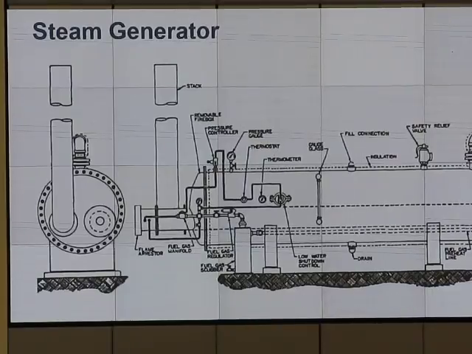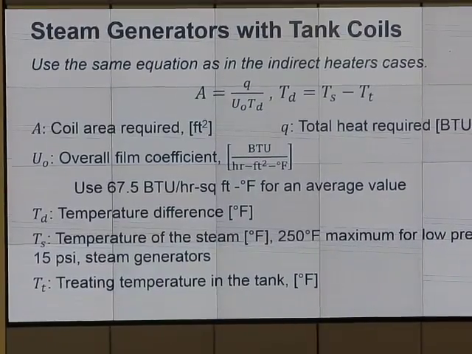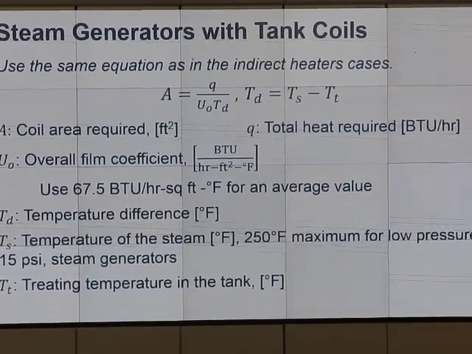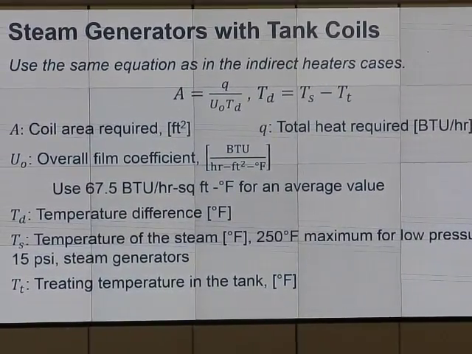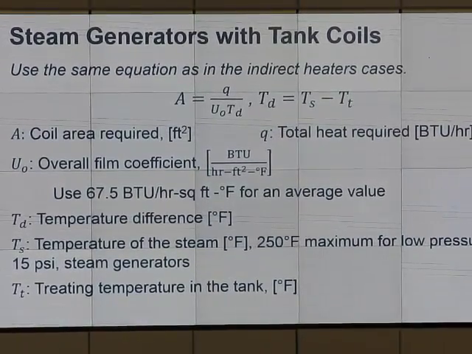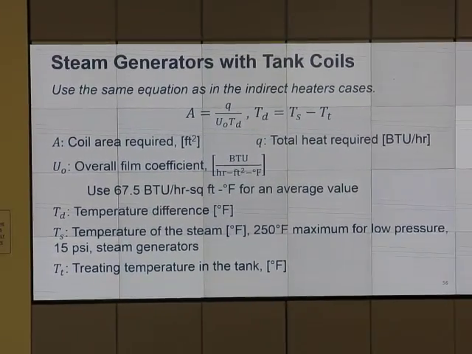Steam generator, this is how it looks like. Equation for steam generator. We connect it with the coil in the tank, right? So it's indirect heater. When it's indirect heater, you heat steam and use steam to heat water or liquid inside the tank, inside the gun barrel.